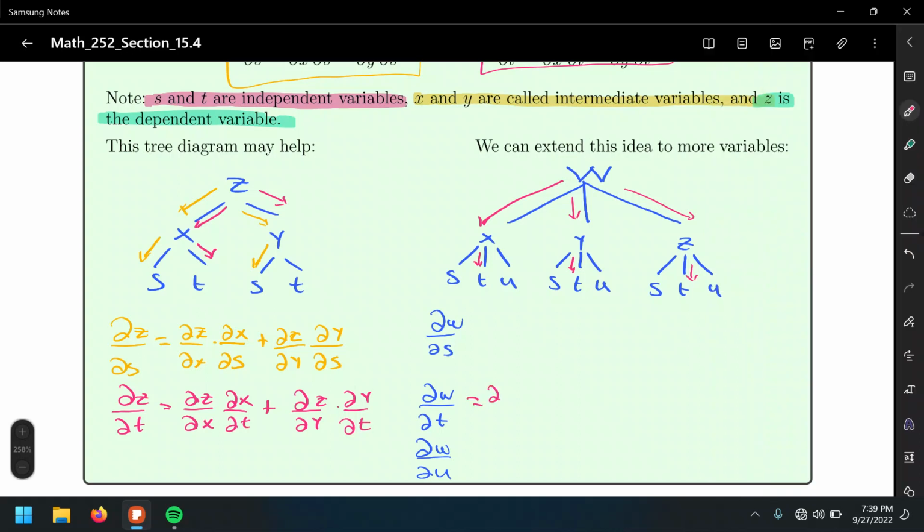So partial w with respect to x times partial x with respect to t, plus the second possibility, partial w with respect to y times the partial of y with respect to t. And last but not least, the partial of w with respect to z times partial z with respect to t.